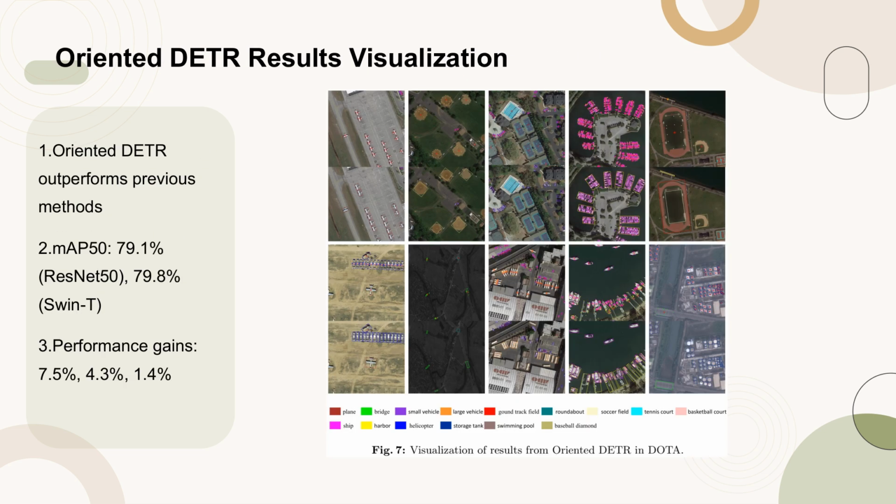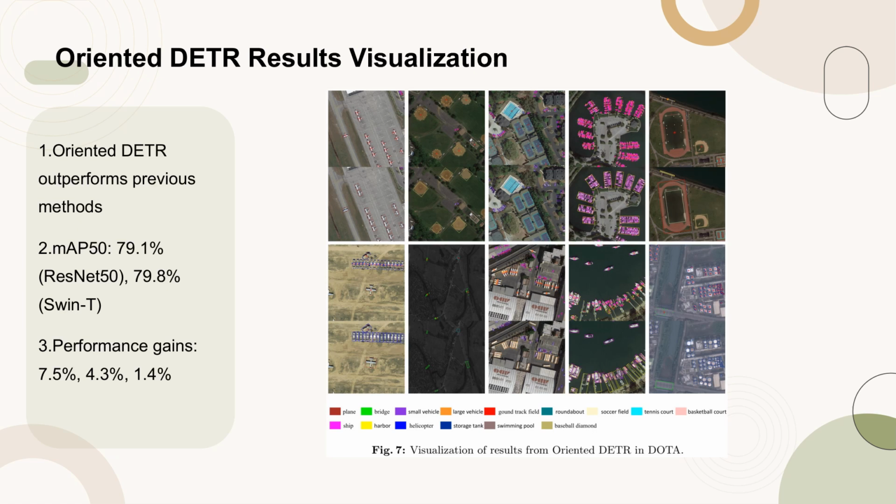Figure 7 presents the visualization of results from oriented DTR on the DOTA dataset. The figure demonstrates that oriented DTR, using both ResNet-50 and Swin-T as backbones, achieved mAP50 scores of 79.1% and 79.8% respectively, surpassing all previous methods.